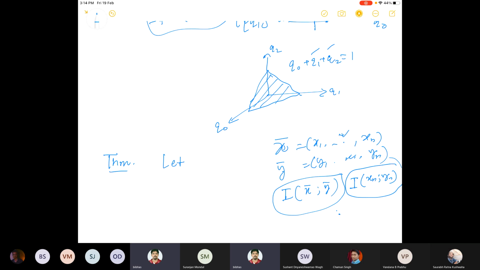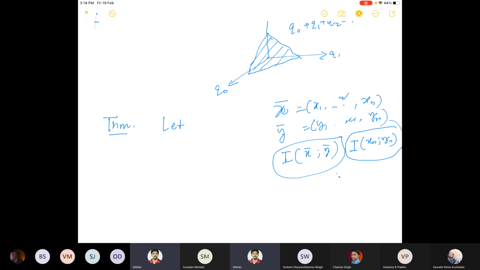Instead of writing this x bar here, let us consider the random variable. First, let us assume that there is a probability distribution on the input.